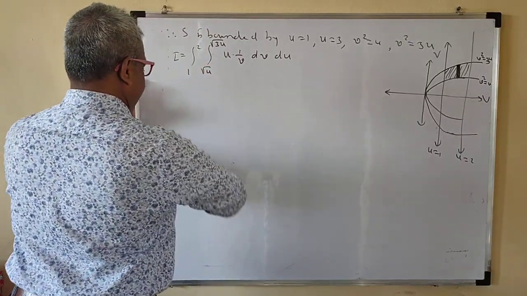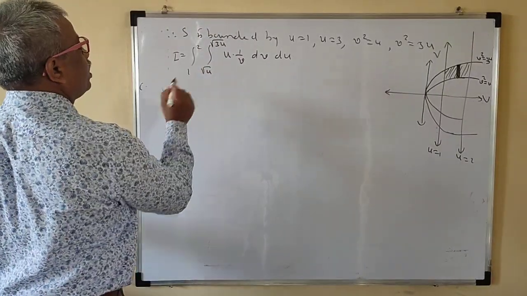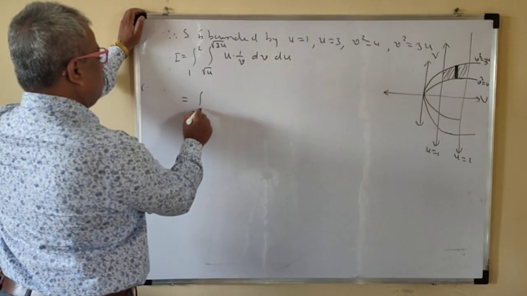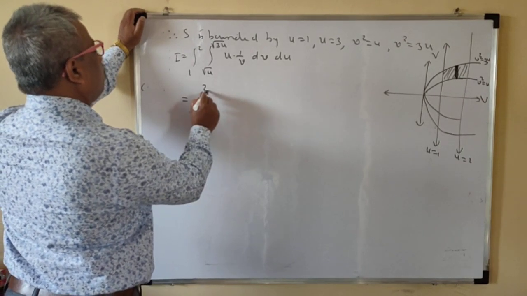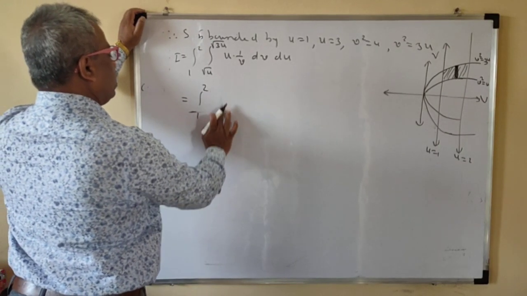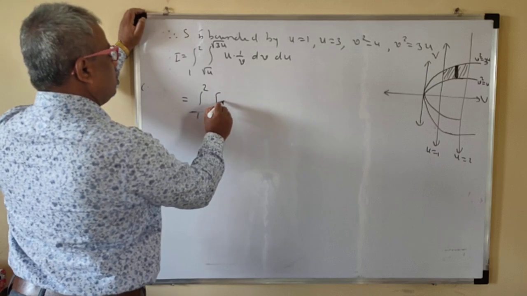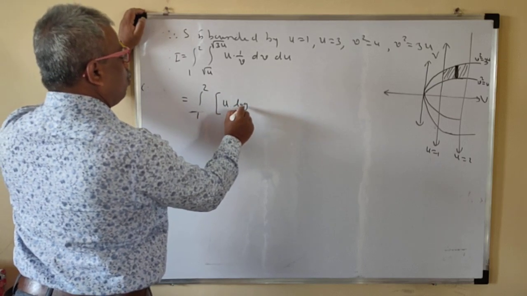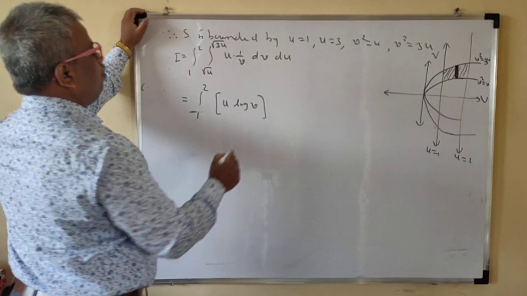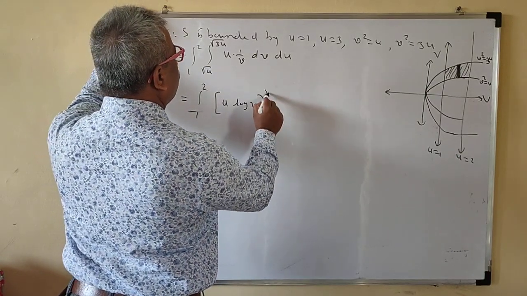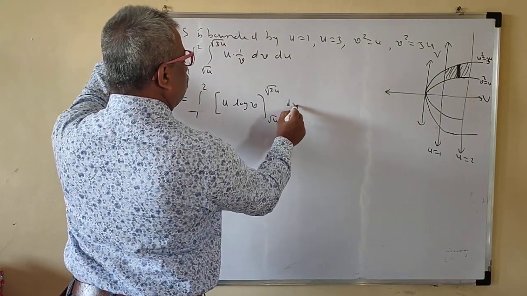Actually we have to integrate this with respect to v now, from 1 to 3. This is u log of v, from root u to root 3u, dv.